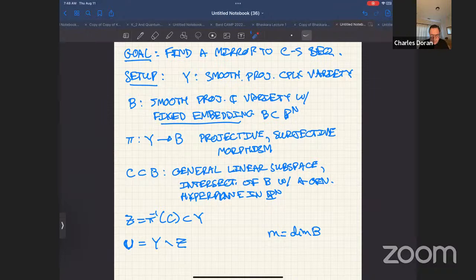Well, I'm going to let Z be pi inverse of C in Y. So for example, if B is P1, C could be a point, and then this could be a fiber, right? Think of it that way. U is the complement of Z in Y. So if you want to think of it as the complement of the fiber in the total space of the fibration. And we're going to let M denote the dimension of B. It'll come up later.